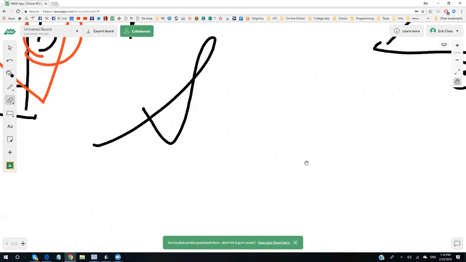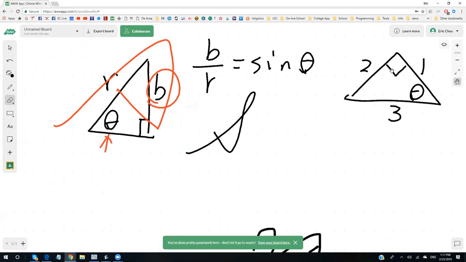Now try to draw on here. Try to draw on there to show me which one is the sine side. Okay, the sine side is the second one.